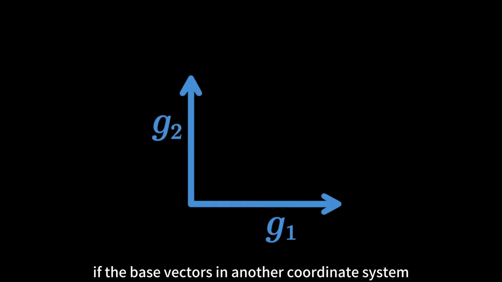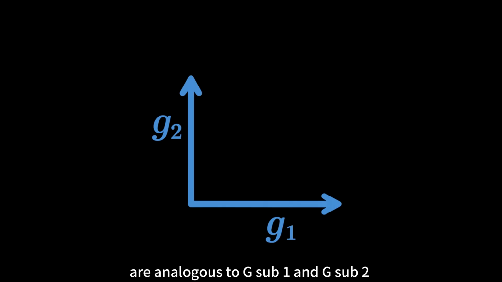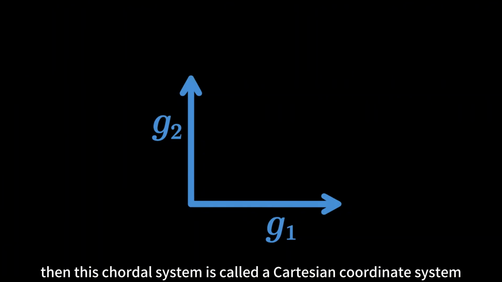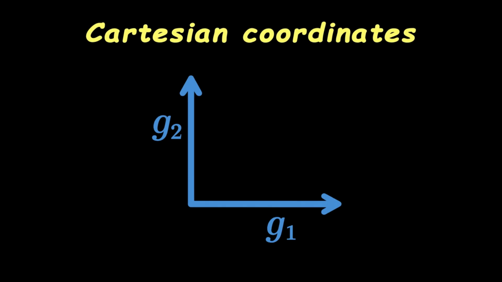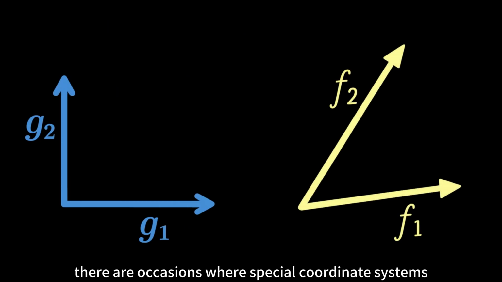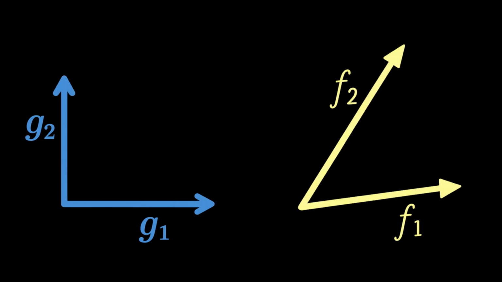If the base vectors in a coordinate system, such as g_1 and g_2, are mutually perpendicular, then this coordinate system is called a Cartesian coordinate system. There are occasions where special coordinate systems are encountered.